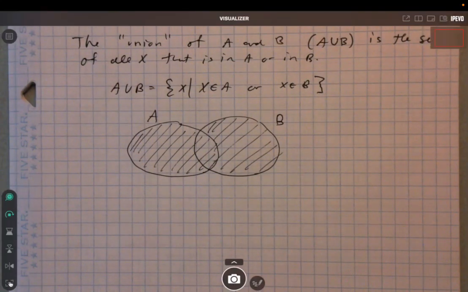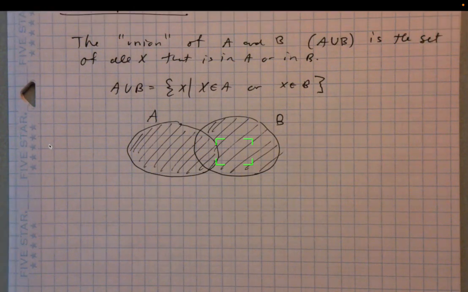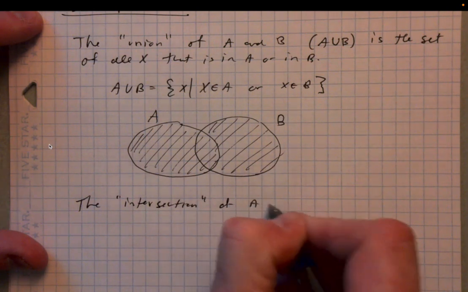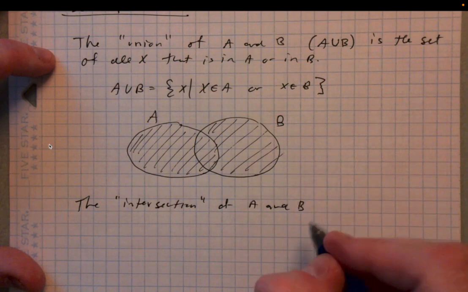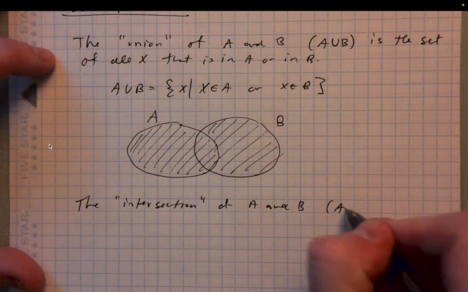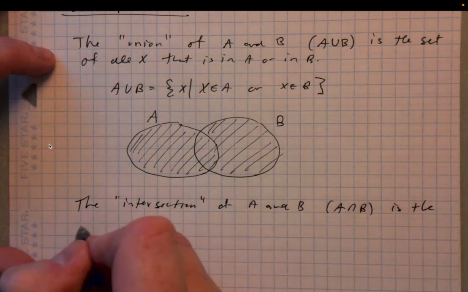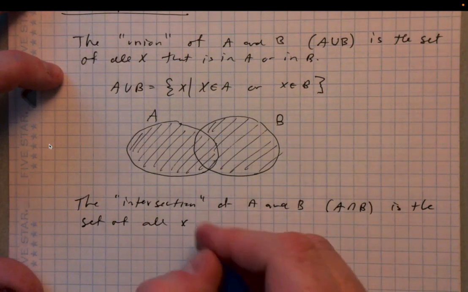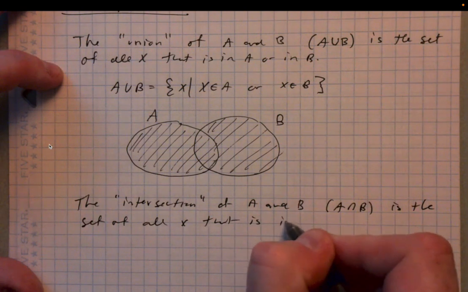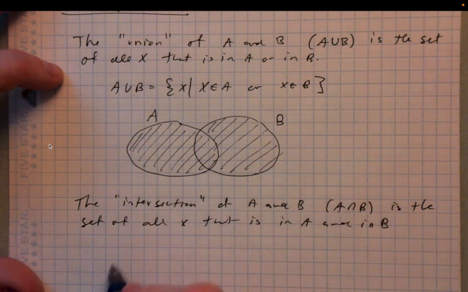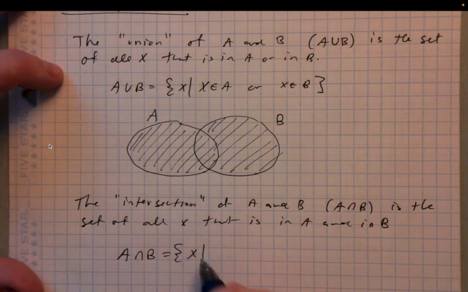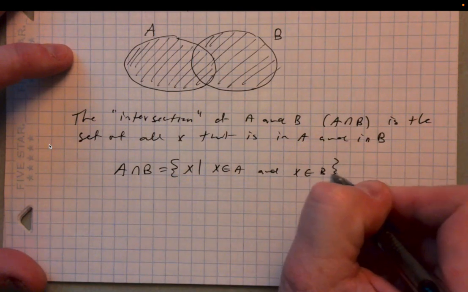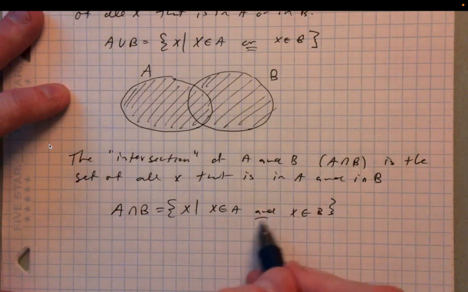Okay. What about the intersection? The intersection of A and B, denoted by A and B, is the set of all X that is in A and in B. So A and B is going to be equal to the set of all X such that X is in A and X is in B. Up here we were talking about the or, and now we're talking about the and, right?